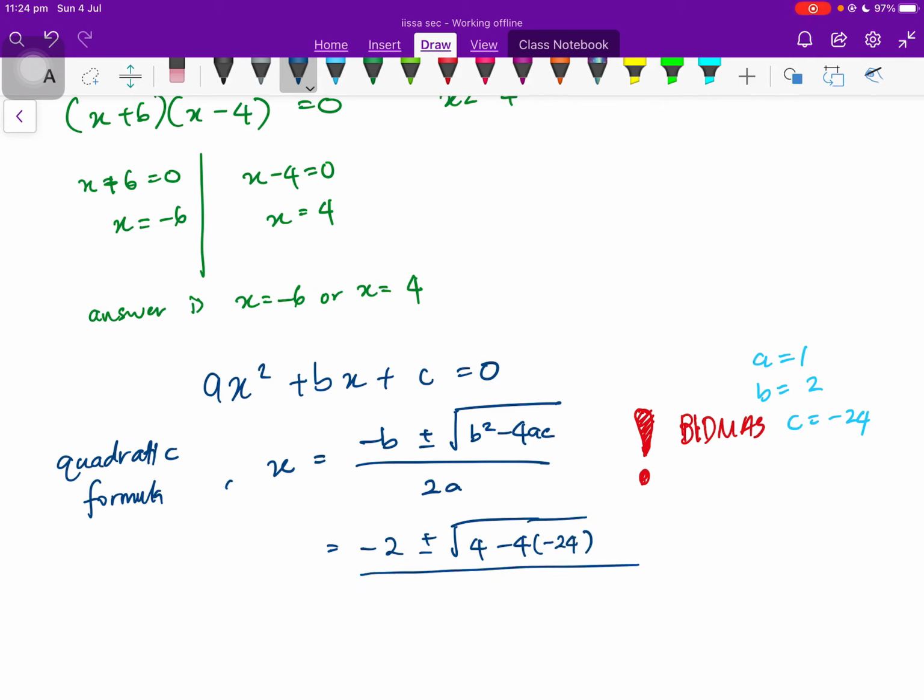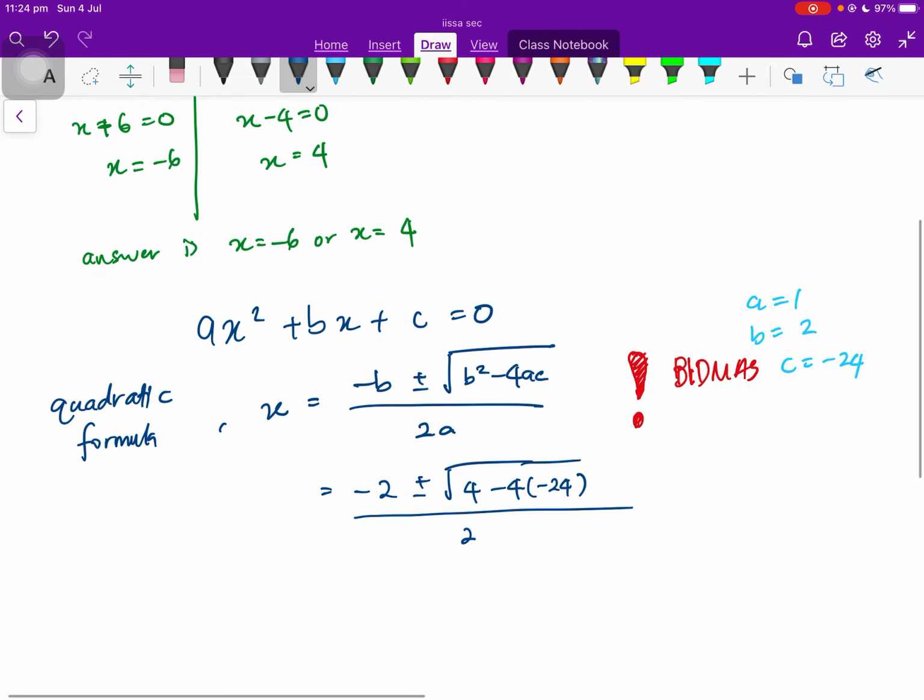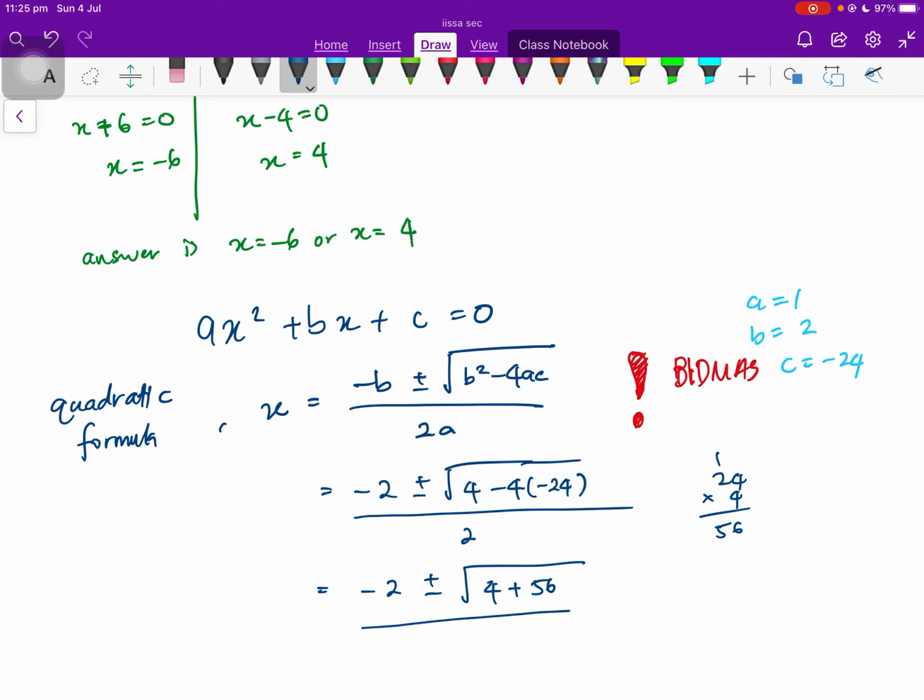Over 2a, and we know a is 1, so that's 2. So negative 2 plus or minus the square root of 4 minus 4 times negative 24, so that's going to be plus 24 times 4, over 2.